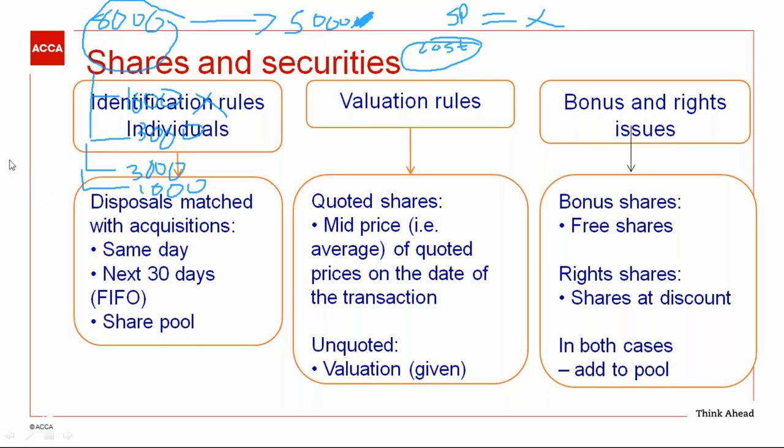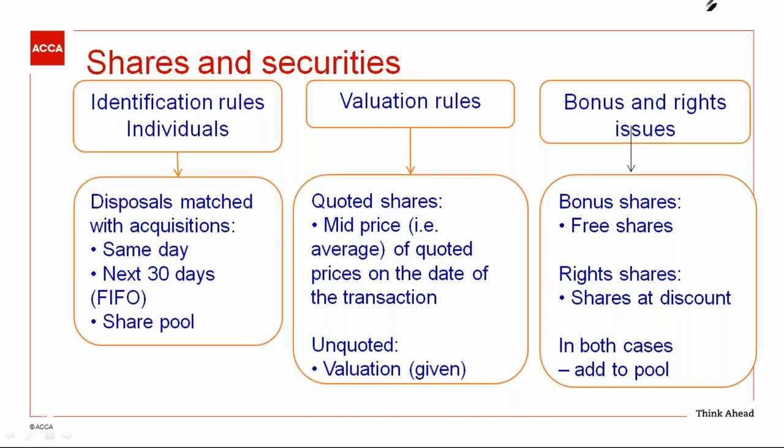Okay, so in that situation, you can see there is a practical difficulty when calculating the cost of the shares. Now, in such circumstances, we need to apply identification rules or matching rules to determine the cost attributable to those 5,000 shares that you have sold today.